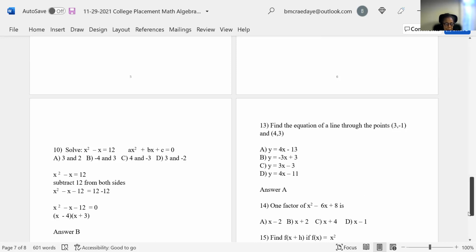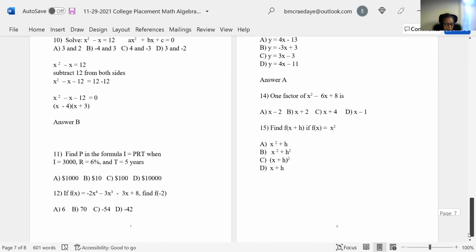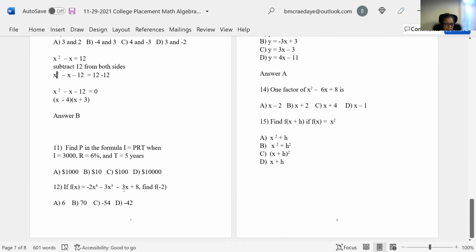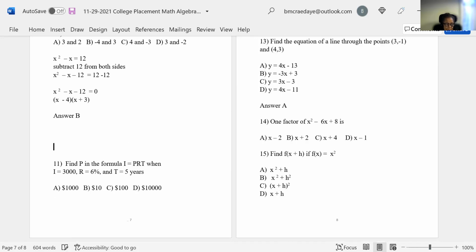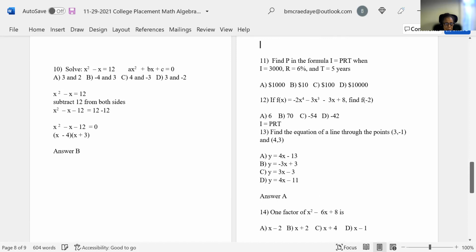Okay, let's go to number 11. Maureen, I want you to solve this one. Solve for P. Solve this equation for P. How would you solve that for P?